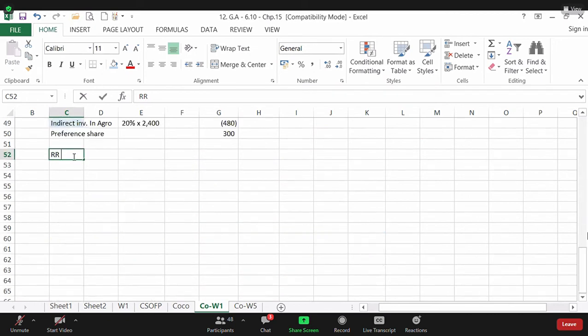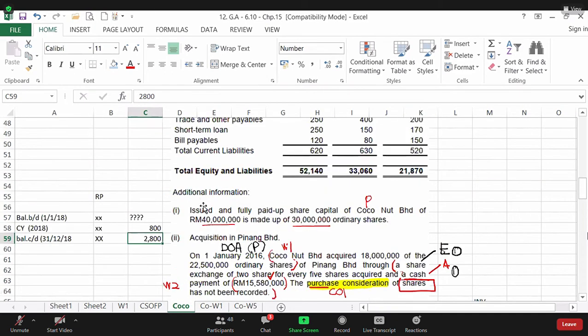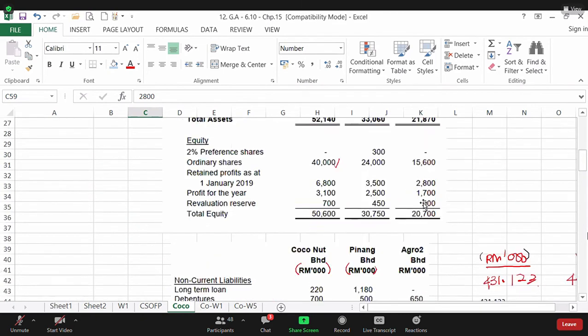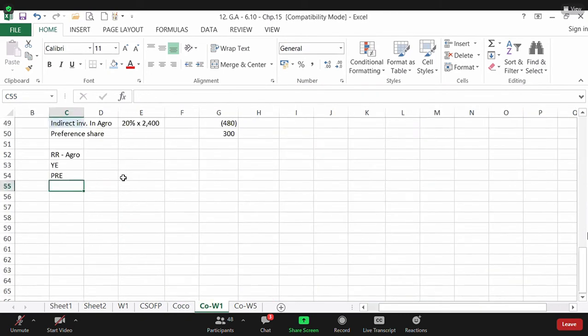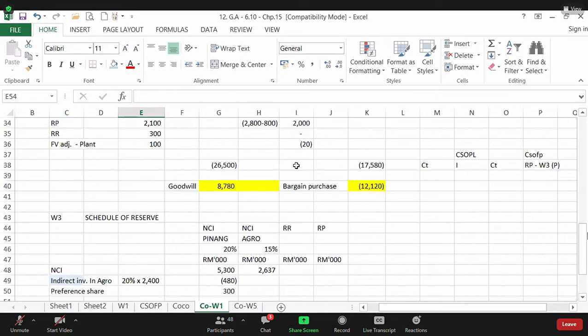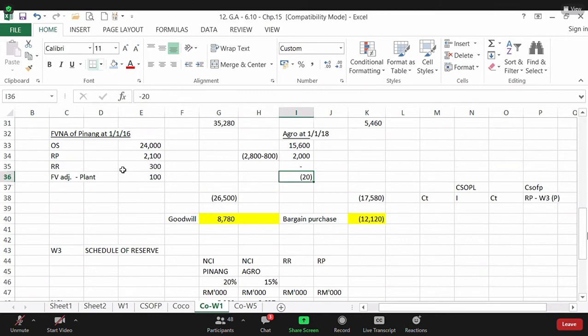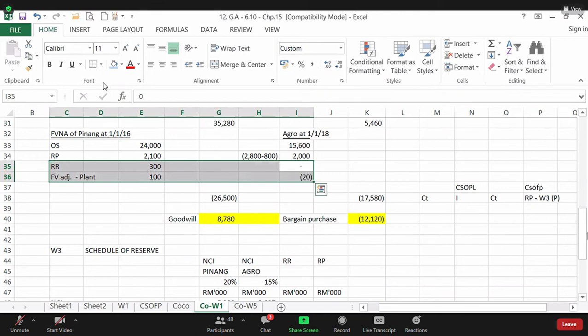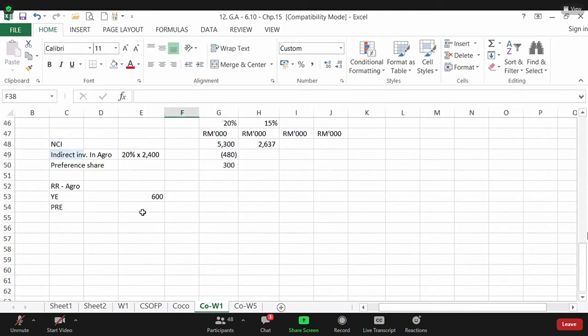So RR for Agro, year end minus free. How much is year end in our equation? This one, 600,000 minus, oh sorry, this is free. 600,000, do we have free? We don't have, right? We don't have, so 0.